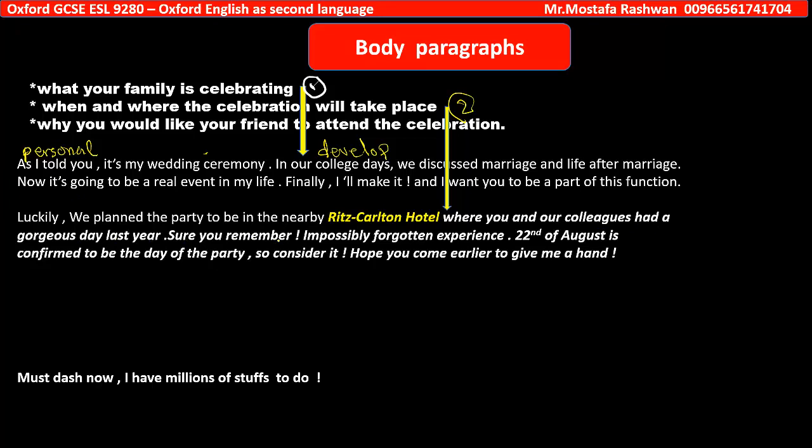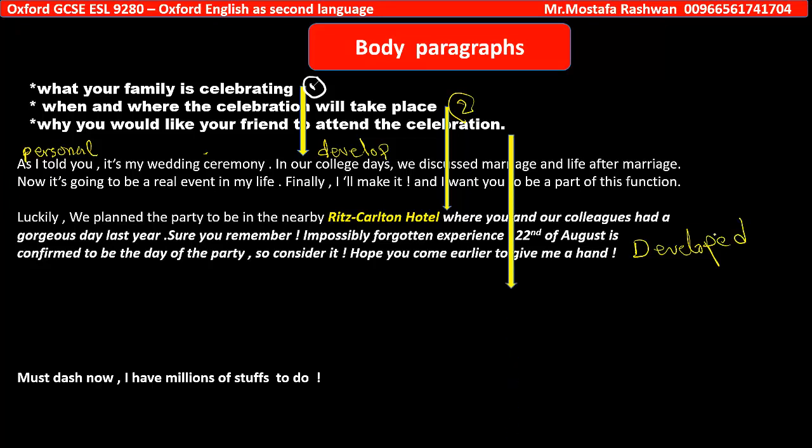Sure, you remember. Impossible to be forgotten experience. 22nd of August is confirmed to be the day of the party, so consider it. Hope you come earlier to give me a hand. So that is when and where the celebration will take place, and this is a perfectly developed paragraph.